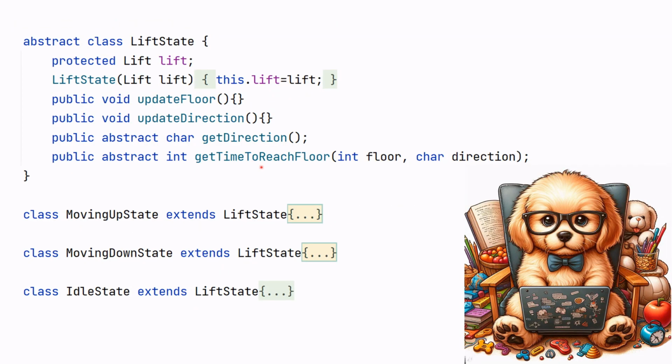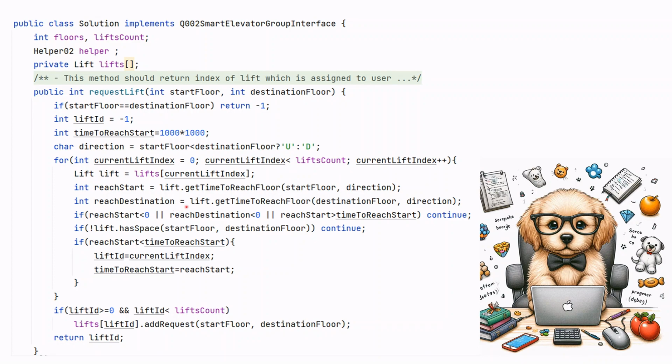Just now we saw that the method getTimeToReachFloor has the code for time calculation, and we will see the actual code for this method for all the three state classes implementing the LiftState class in a few minutes. After calculating the times, we also check if the lift has space for an extra person between start and destination floor. If the lift has extra space and both time values are also valid and the time to reach the start floor is less than the existing value, then the lift is selected, and finally after going through all the lifts, the request is added to the given lift.